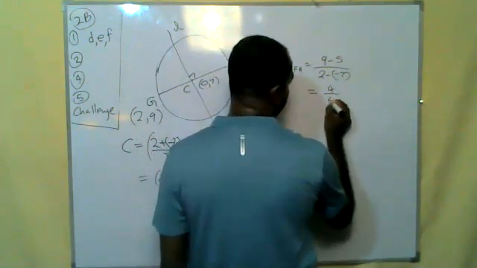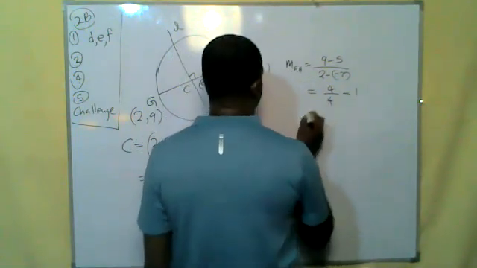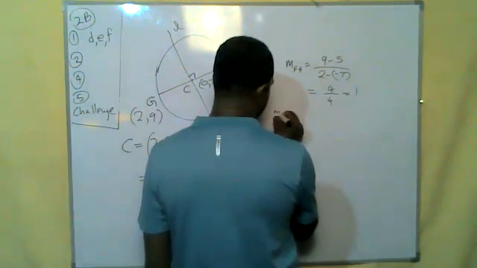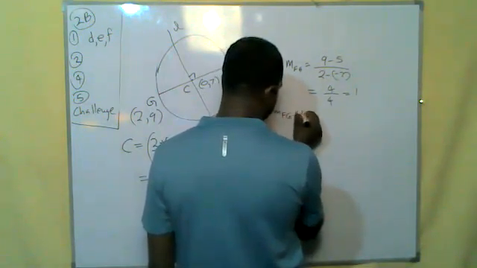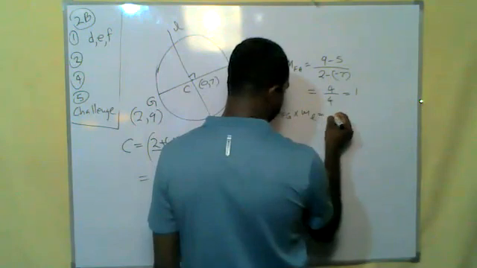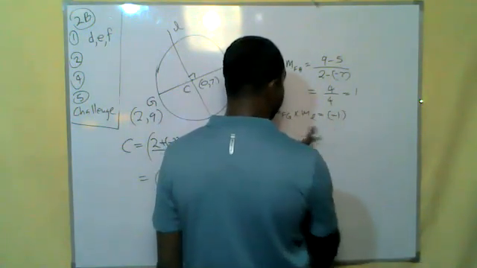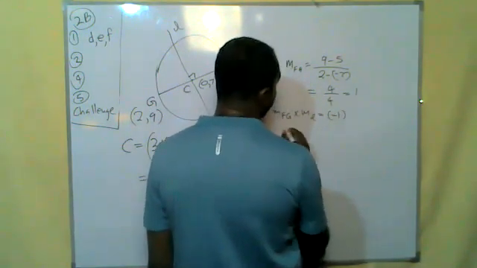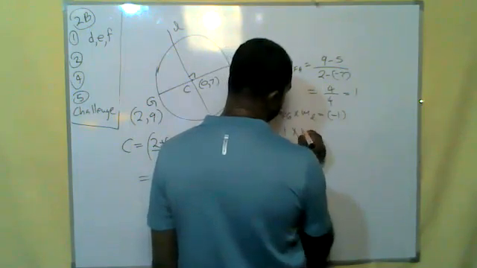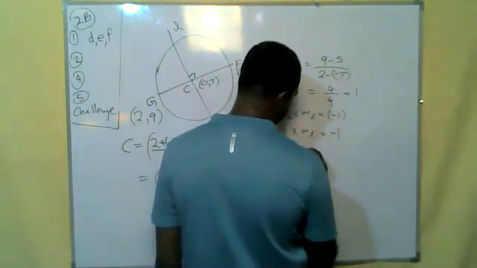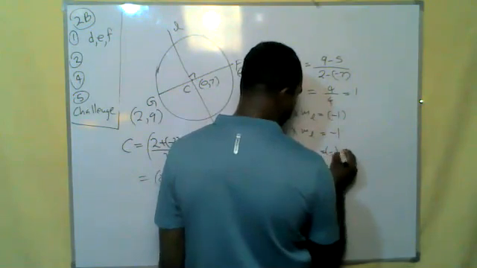So 4 divided by 4 equals 1. Now MFG times ML, the gradient of that line, should be equal to minus 1. So 1 times ML equals minus 1. So ML is going to be equal to minus 1.